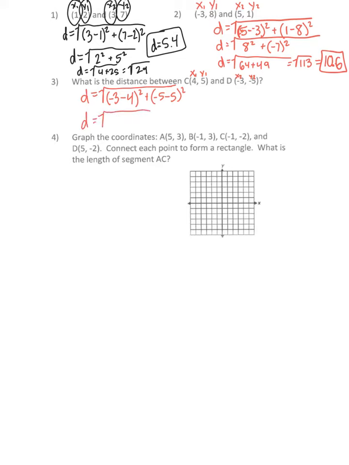Negative 3 minus 4 would give me a negative 7. That negative 7 is still in parentheses. And negative 5 minus 5 is negative 10.